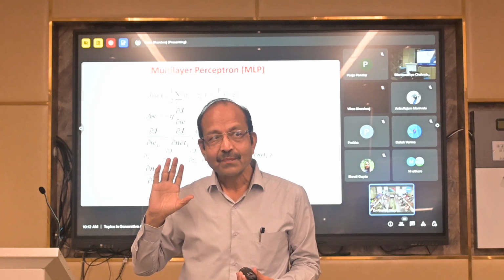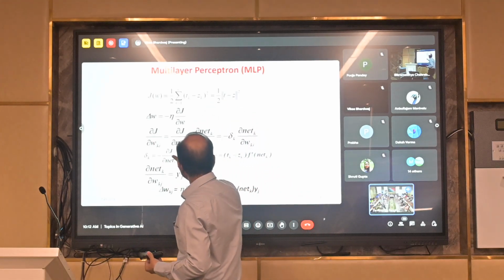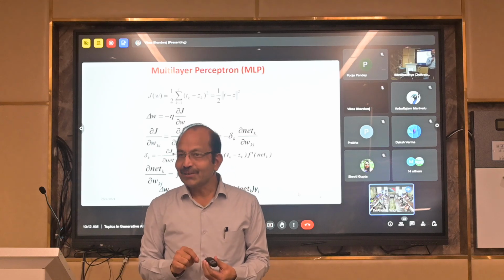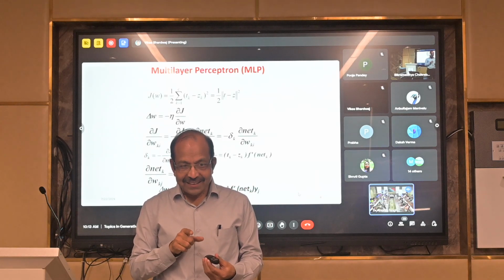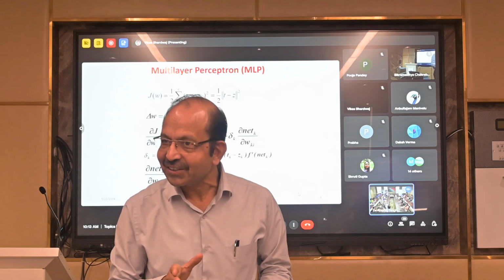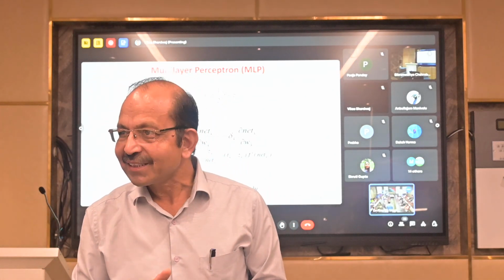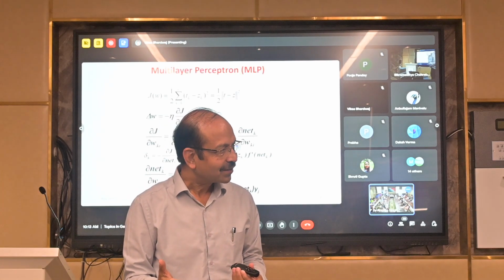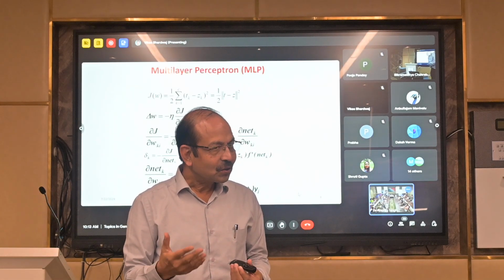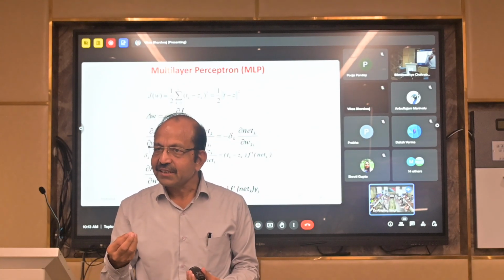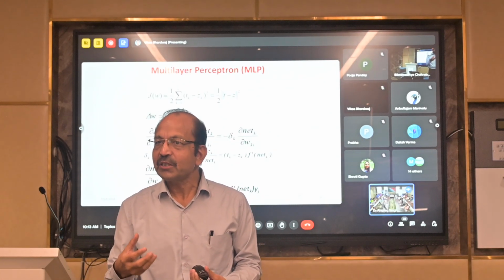Then what is the role of this eta? This minus del J by del W is telling you along which direction I should move, but it is not telling you by how much I should move. So it is an estimation. Estimation may be correct, estimation may be wrong.